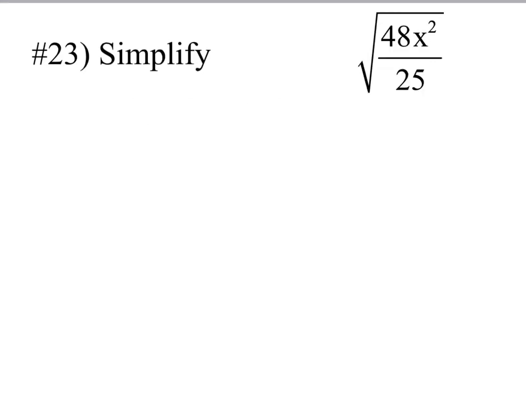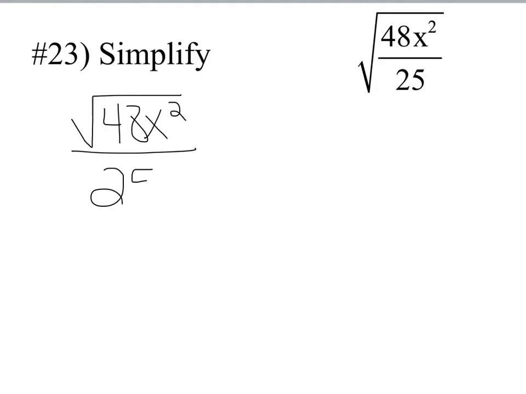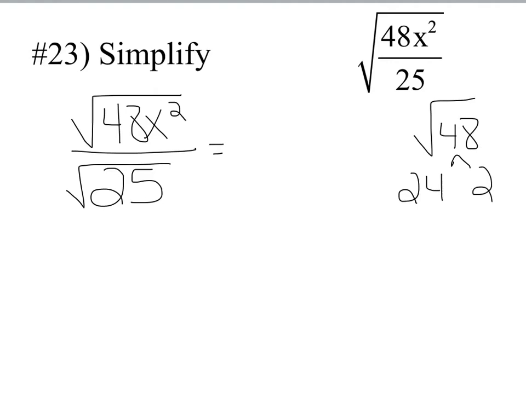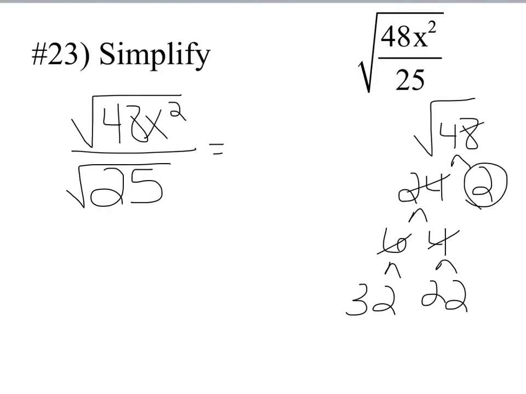Okay, same thing here. I can go the square root of 48 x squared over the square root of 25. Now, the square root of 48 is not a perfect square, so let's see if I can break that down at all. 48 is 24 times 2. 24 is 6 times 4. 6 is 3 times 2. And 4 is 2 times 2. Okay, so in order to pull a number out front, I need 2 of them. So I have 1, 2.